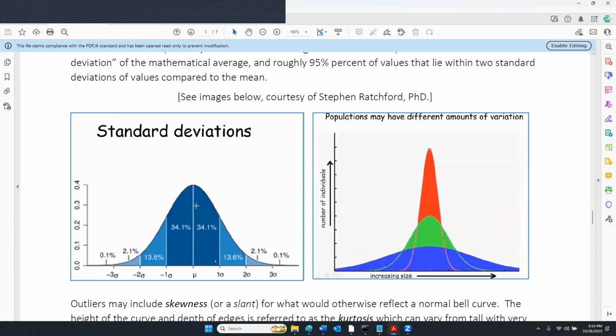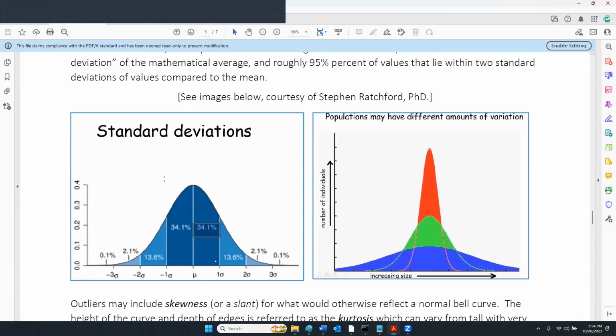For a normal distribution, 34.1% of the data measurements are a little below average, and 34.1% are above the average. That's referred to as a standard deviation. So this is a standard deviation less than the mean, and this is a standard deviation greater than the mean or average.